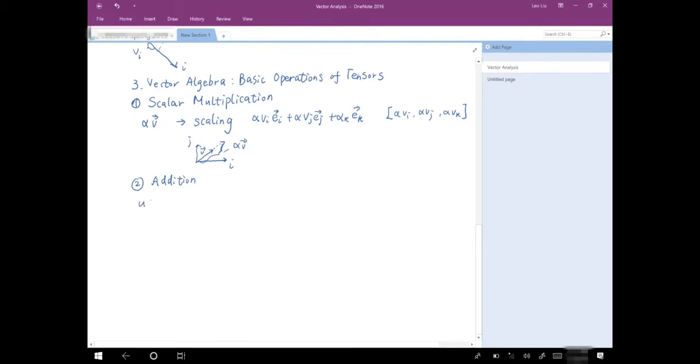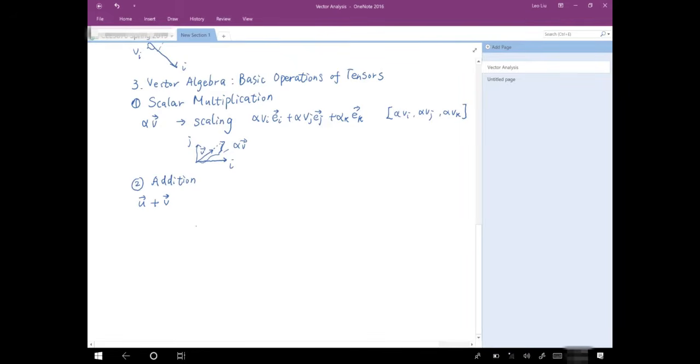We have vector u and vector v. And for the addition, we add them up. And what happens is that if we use a plot, it looks like this.